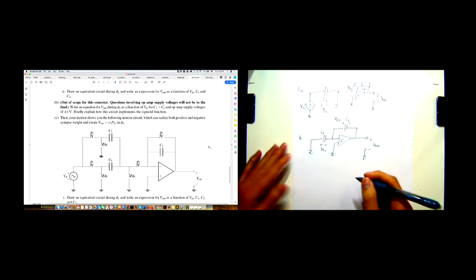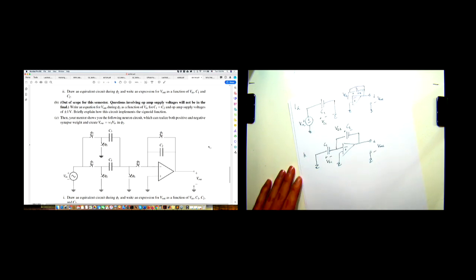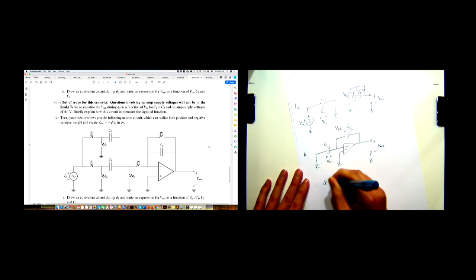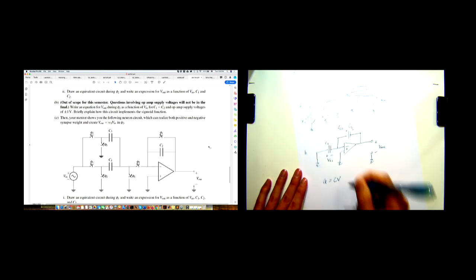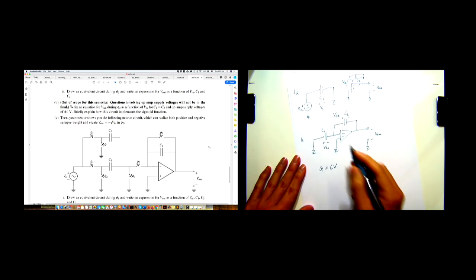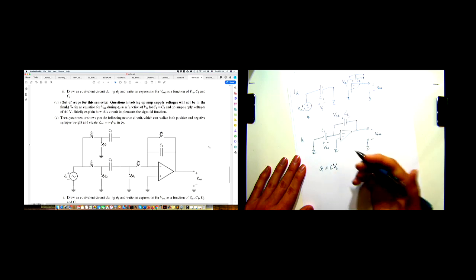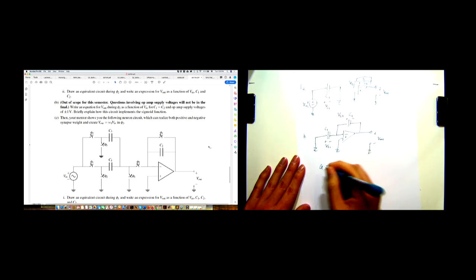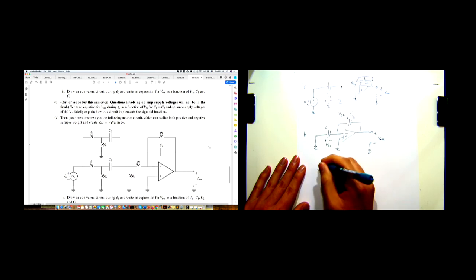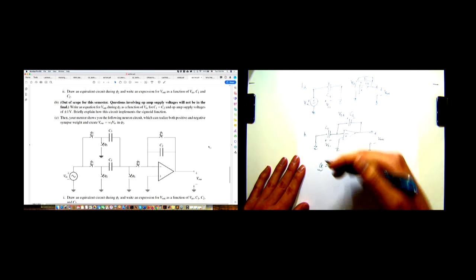The charge on a capacitor is defined as Q equals CV, and for this V, I like to denote it by subscript VC to be more specific that it's the voltage across the capacitor. Also notice that the Q is positive, so this is the charge on the positive side of the capacitor.